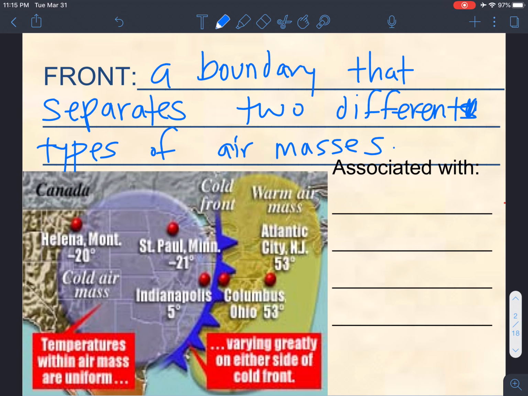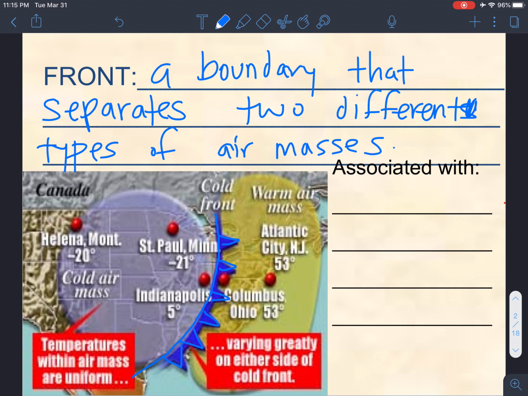So in this picture down here on the bottom left, you'll notice that there are two different types of air masses that are hitting one another where this blue line is that represents a front. We'll talk about what type of front that is in just a moment. On the left side, you'll notice that the temperatures are very cold and they're located over the central United States.